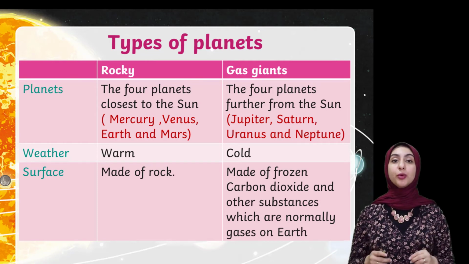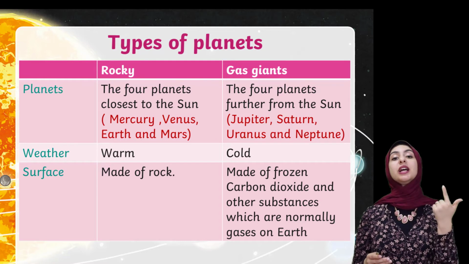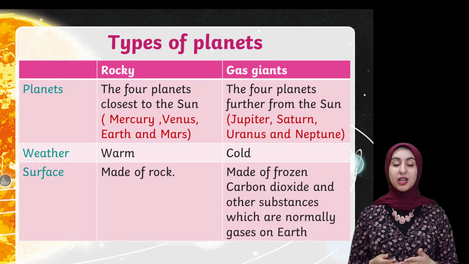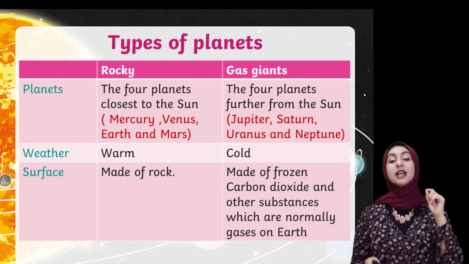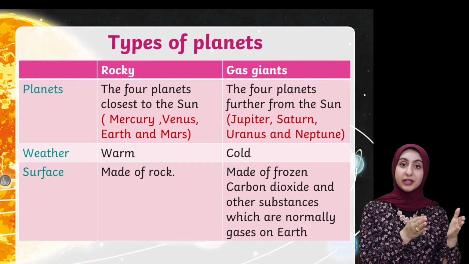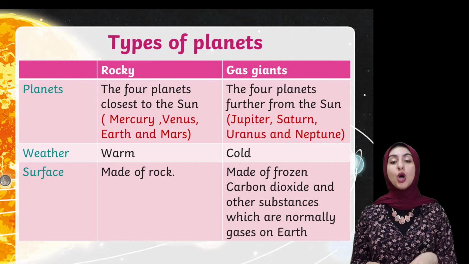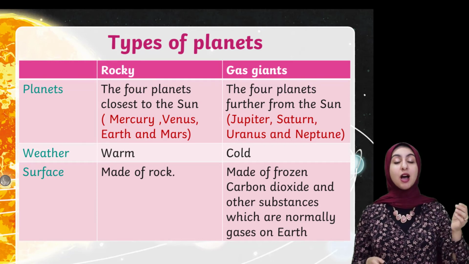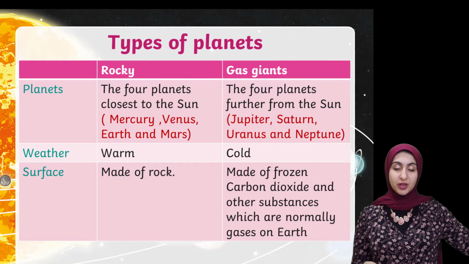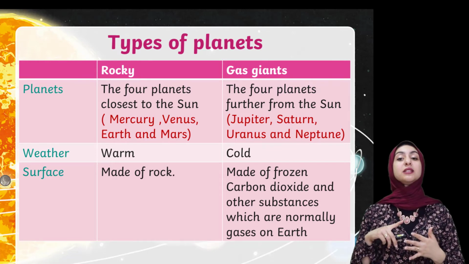Rocky planets are the 4 planets closest to the Sun, like Mercury, Venus, Earth, and Mars. The weather on the rocky planets is warm because they are close to the Sun, right? And their surface is made of rock, while the gas giant planets are the 4 planets farther from the Sun, like Jupiter, Saturn, Uranus, and Neptune.